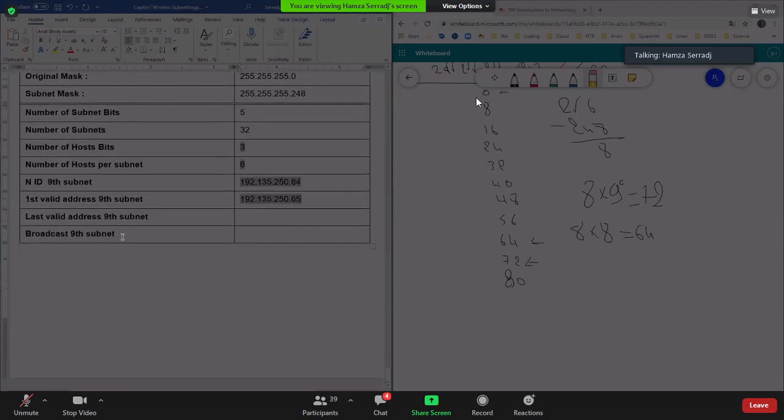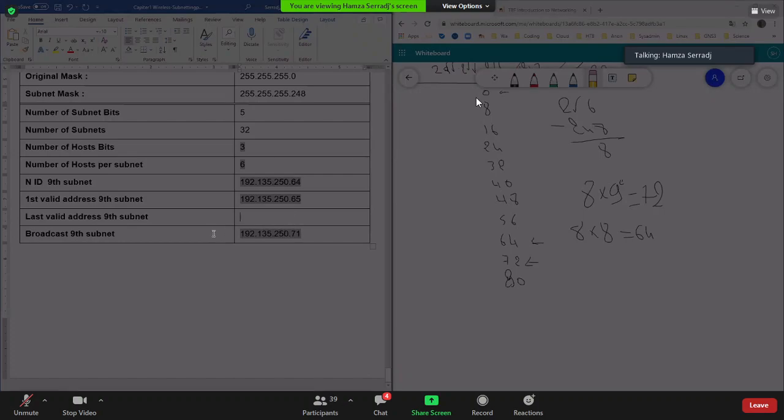To be able to find the last address of the 9th, or the subnet 8, we need to know the network ID of the next one. The network ID of the next one is 72. So minus 1, we will find the broadcast here: 70, 71, 192.135.250.71.